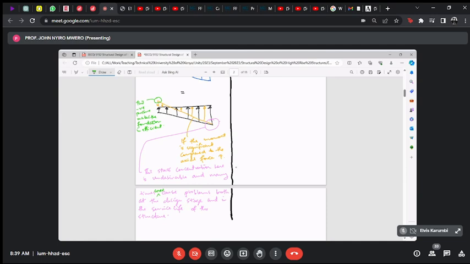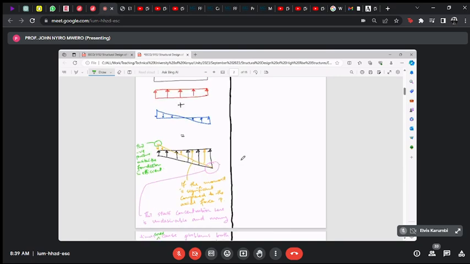You're able to play with the value of that maximum stress just by changing the size of the foundation of this element that is carrying axial load and moment. Okay. So that is that foundation.